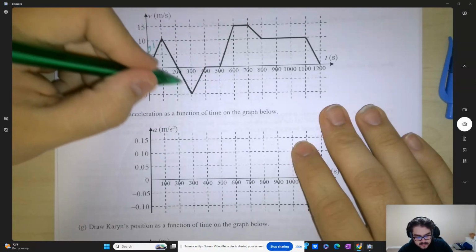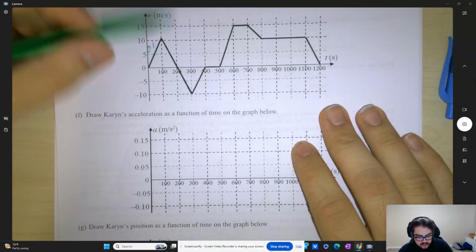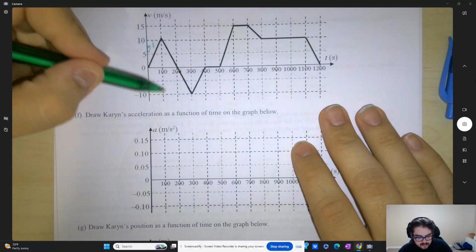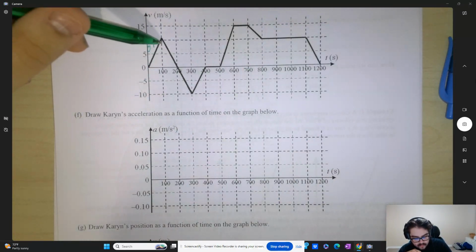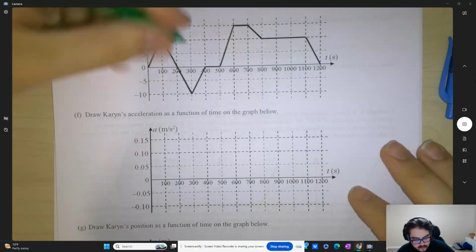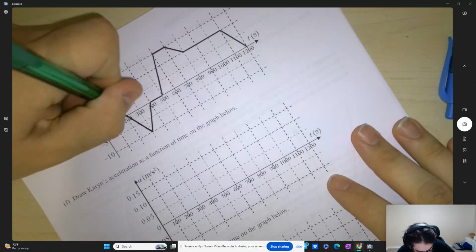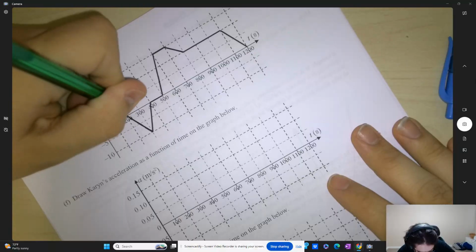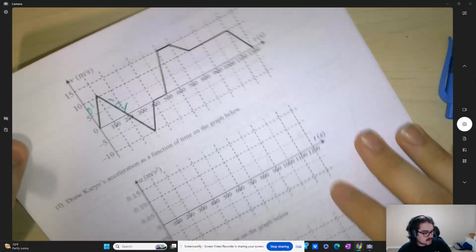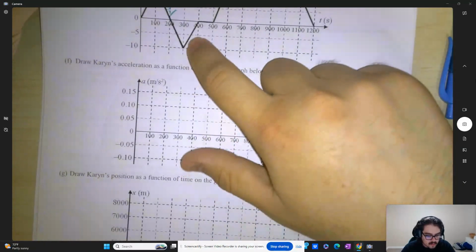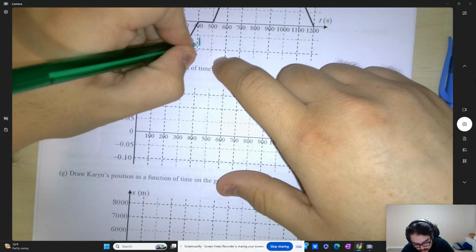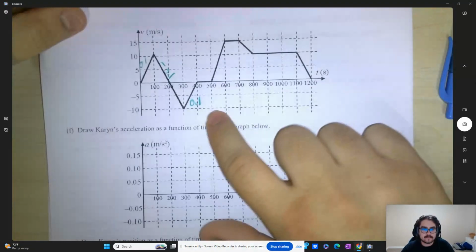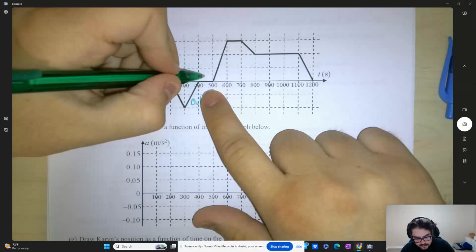Then for this next part right here, the change in y is from 10 to negative 10, so it would be negative 20. Negative 20 over 200, that's also 0.1. This time it's negative. This part right here is going to be 0.1 again, because these triangles are identical to each other. This part right here has a slope of 0.